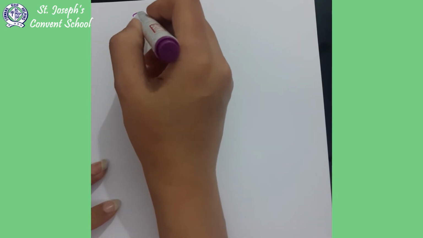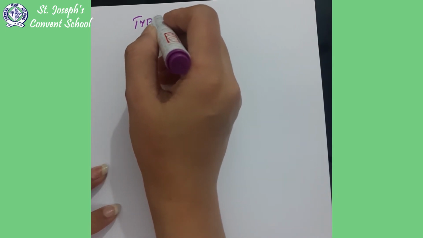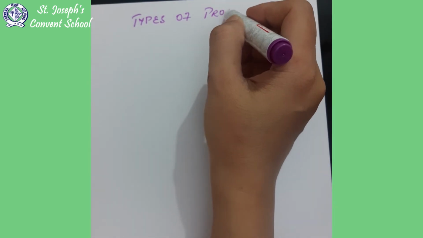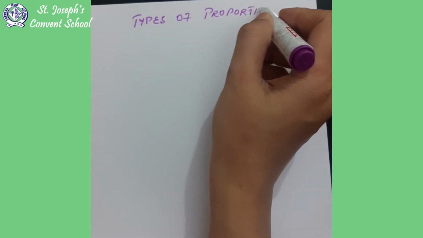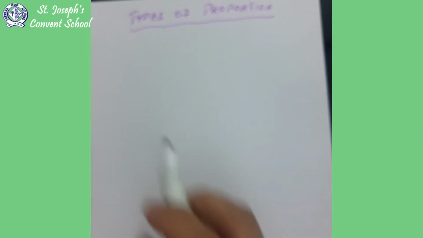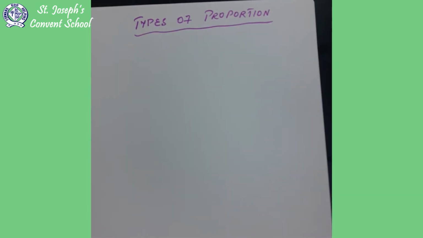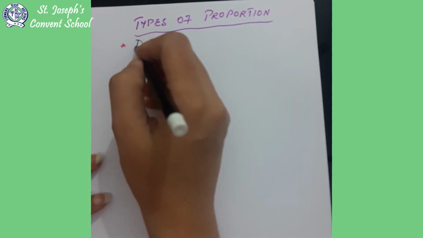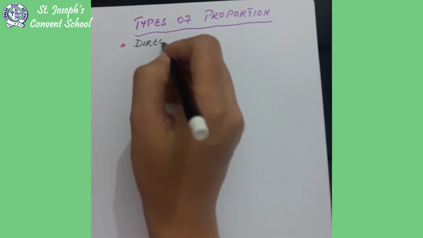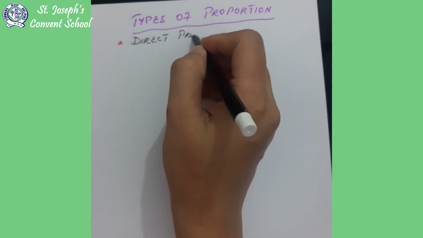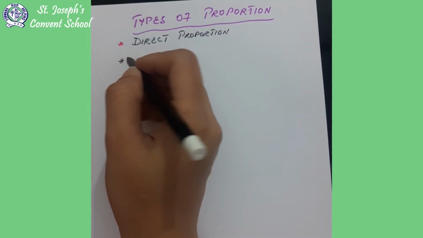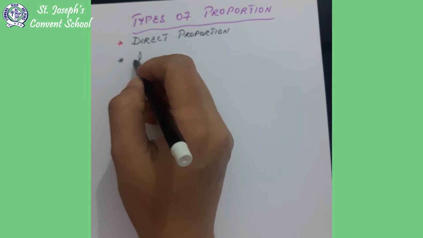Types of proportion. So the types of proportion are direct proportion and inverse proportion.